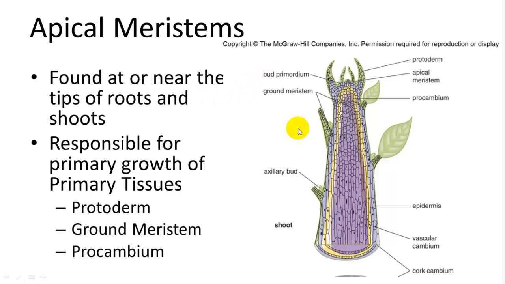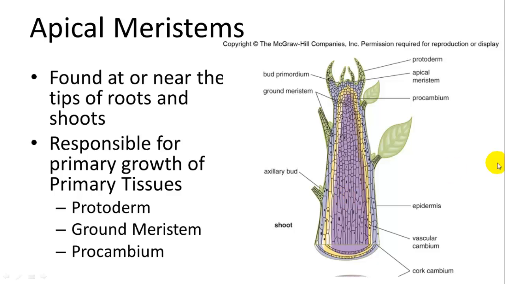This is responsible for primary growth, so that means basically vertical growth, growing up towards the sky, I guess. And then also in the ground, the roots are extending further down into the ground.